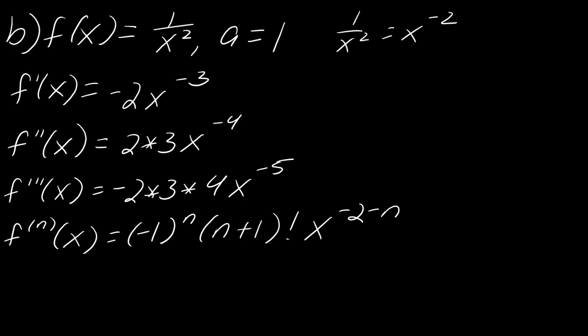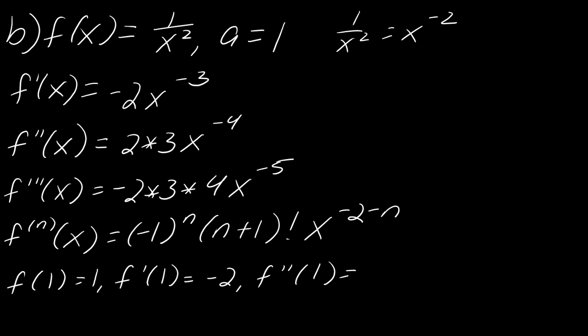And so now I can plug in my value of a equals 1. So f of 1 equals 1. F prime of 1 equals negative 2. F double prime of 1 equals positive 3 times 2. We'll just write that as 3 factorial so I can see the pattern. I feel like I can probably just establish what the pattern is here.